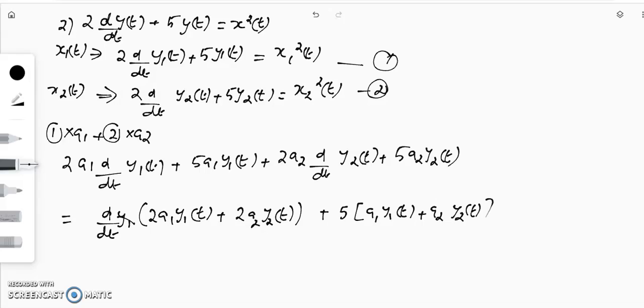Of course, this is a weighted sum of the output, isn't it? Weighted sum of the output.